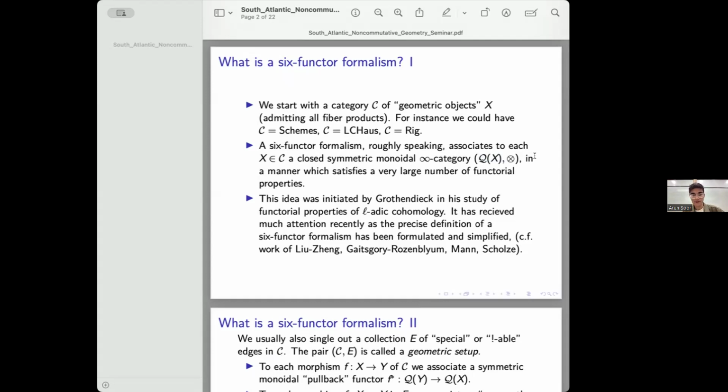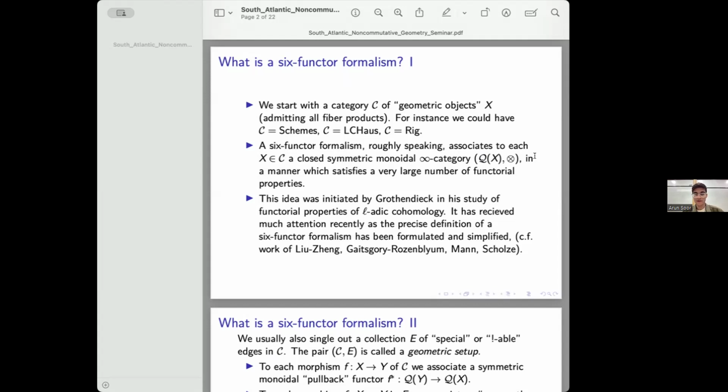Originally, this idea of the yoga of the six operations was initiated by Grothendieck in his study of the functorial properties of L-adic cohomology. But in recent years, it's received a lot of attention because it's gone from being a yoga to having a precise definition of what a six-functor formalism is.